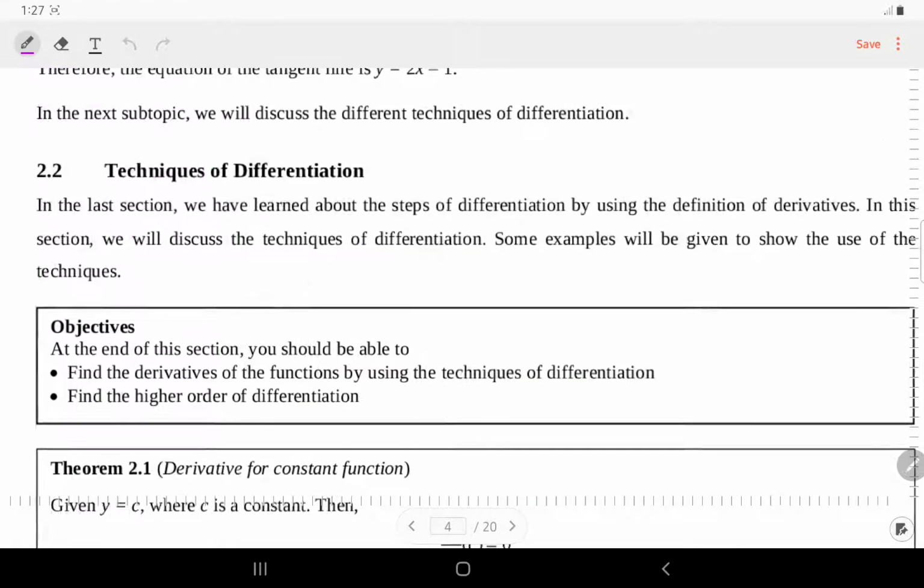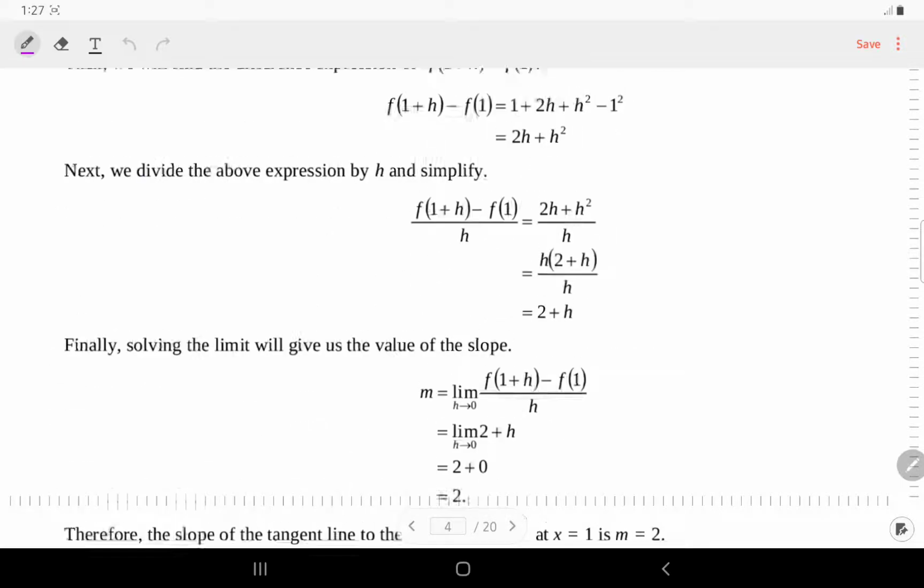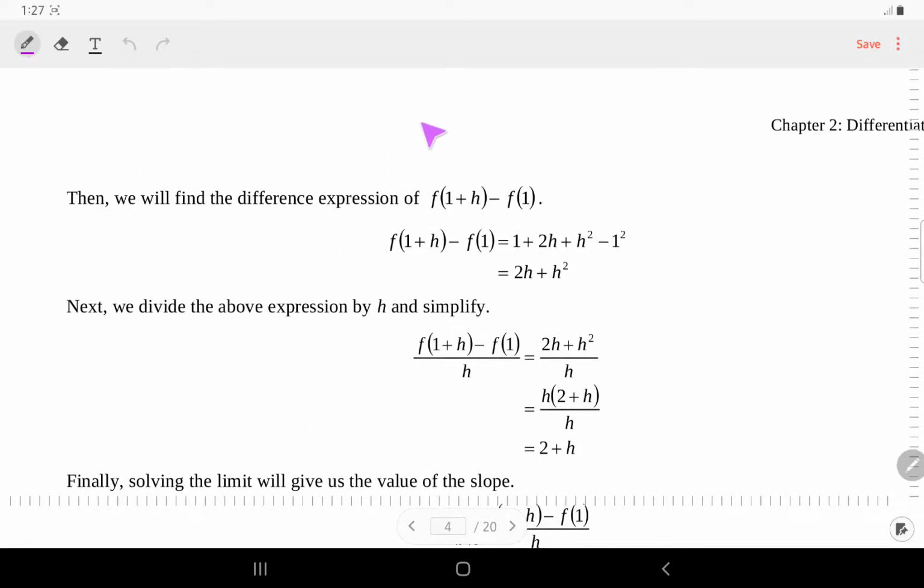And then second step, from the previous examples, our second step is we need to find this expression, where f(x plus h) minus with the original function. But in this case, kita tukarlah x kita 1 kan tadi, f(1). Okay, so kita nak cari inilah.